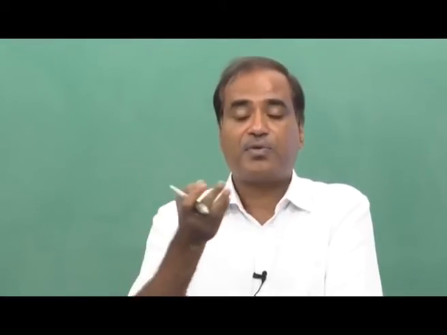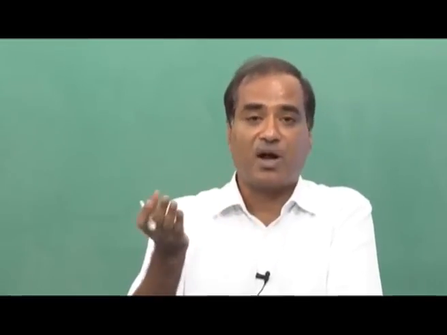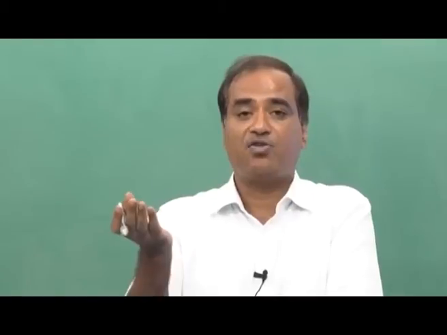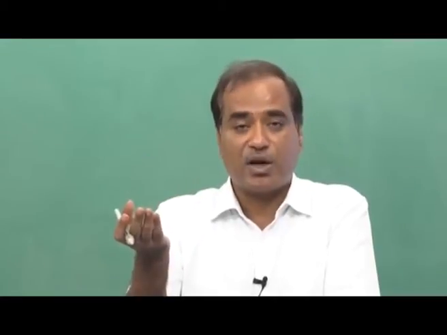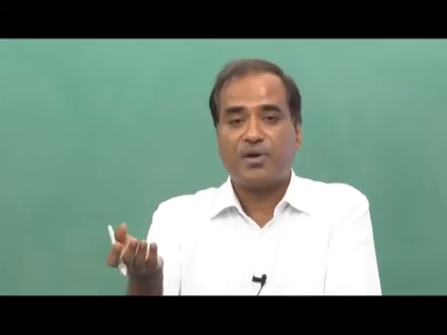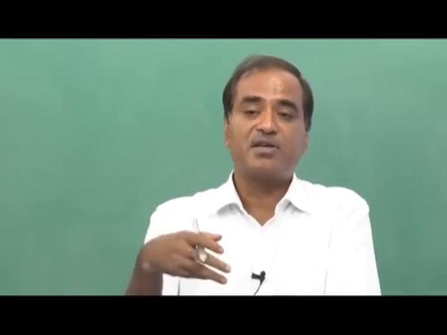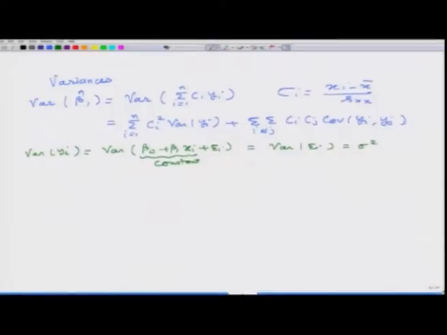Now, in case of a real data set, you only get values of x i and y i. You will never have a value of epsilon i, but your model depends on sigma square. So, if you want to infer about sigma square on the basis of x i and y i, this result will help us at that place. So the variance of y i and the variance of epsilon i are the same.